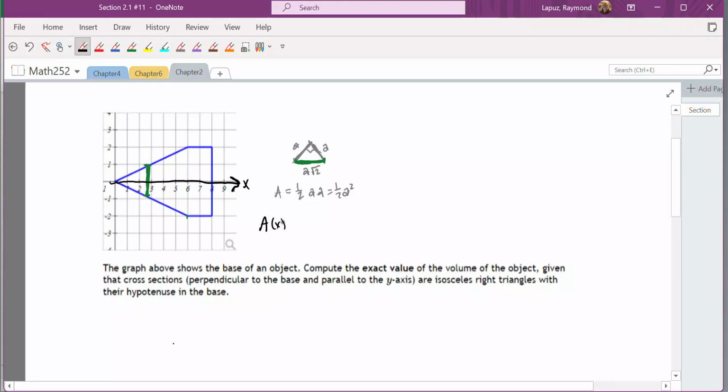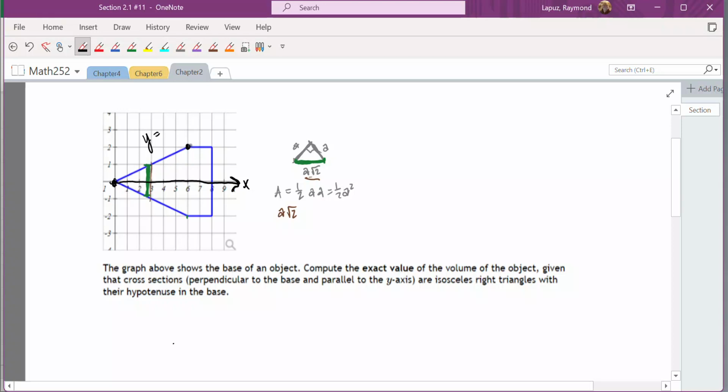Before we do that, to get our relationship between them, we need to call this whole length A times square root of 2. Now, according to this graph, I'm looking at this line from 0, 0 to 6, 2 to be the line y equals, and since the y-intercept is 0, it's just going to be the slope.